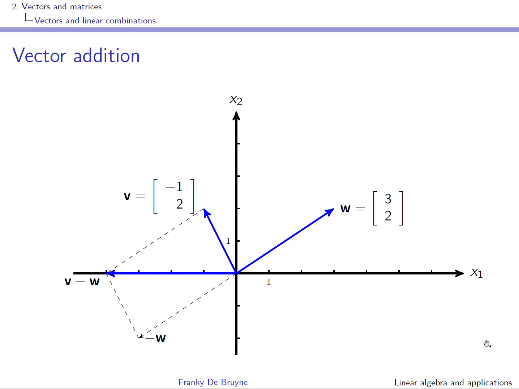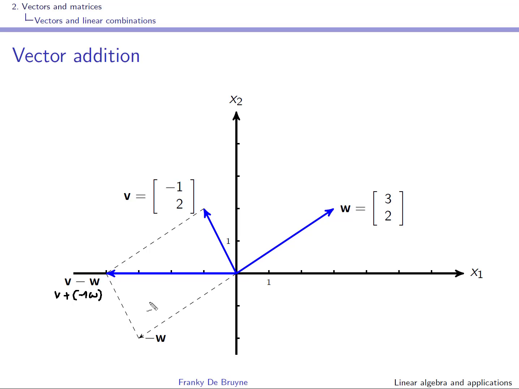So instead of adding the two vectors, I could be interested in their difference, V minus W, and this can be rewritten as V plus the vector W that is multiplied by -1.